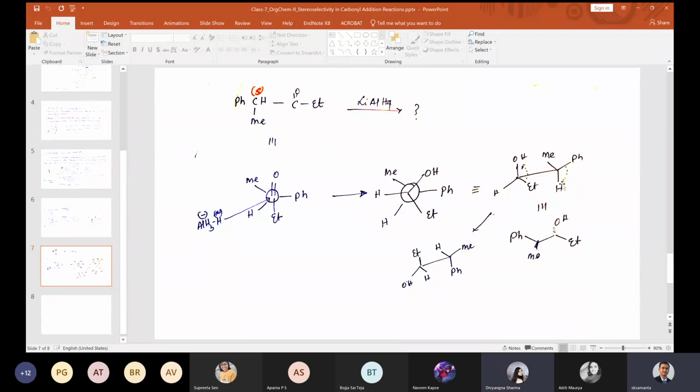You can rotate this bond without any problem. Of course, it will change their conformation, but you cannot put Ph close to Et. Maybe Ph close to H would be the best conformation, but it's okay. In terms of R and S stereochemistry, this rotation will not change the stereochemistry.